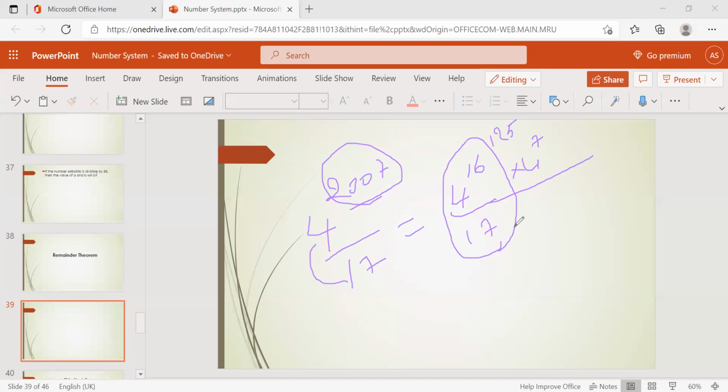Just divide 2007 by 16. It is 125 into 4 plus 7, so this will be 1.